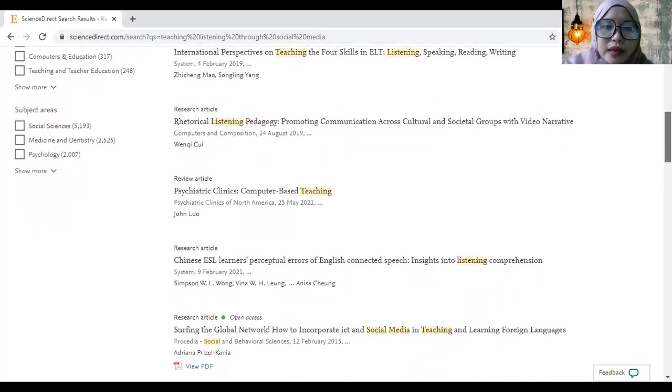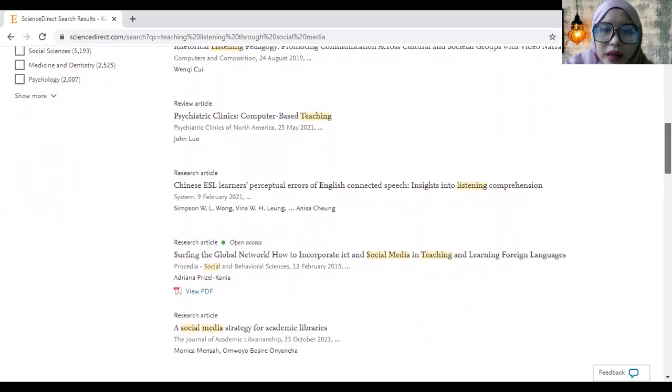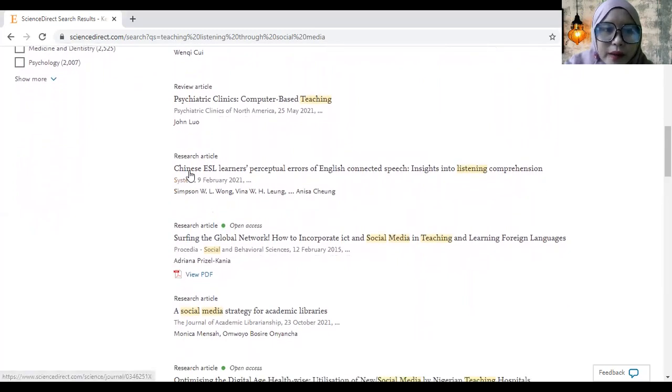Take it as one reference and go down. Have a look here: Chinese ESL learners' perceptual error of English connected speech, insights into listening comprehension. We have the keyword listening, but we don't have the sub keywords, so skip it.